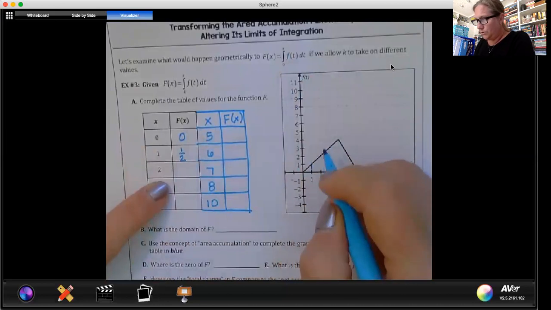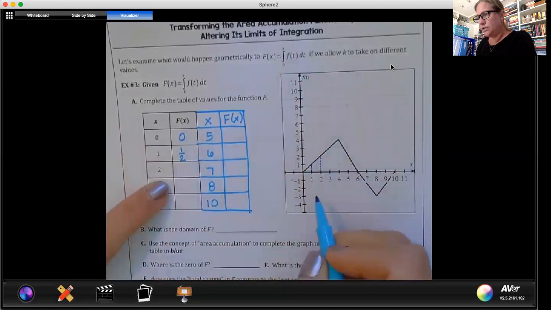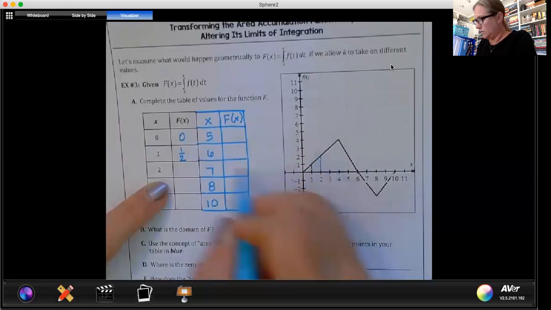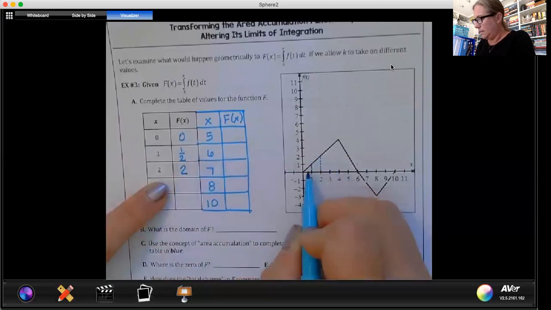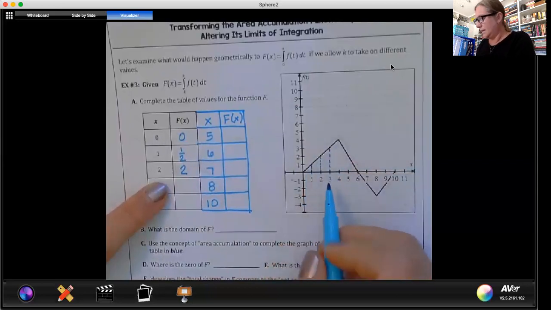At 2, let's just look at it and see if we can do our triangle here. 1/2 times 2 times 2 is just going to be 2. And we've included that 1/2 in that particular function. 3, we can do the same thing.